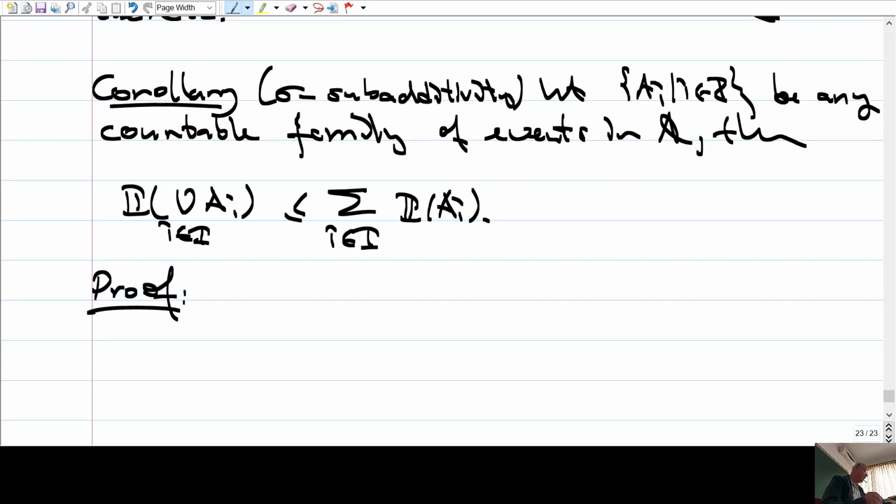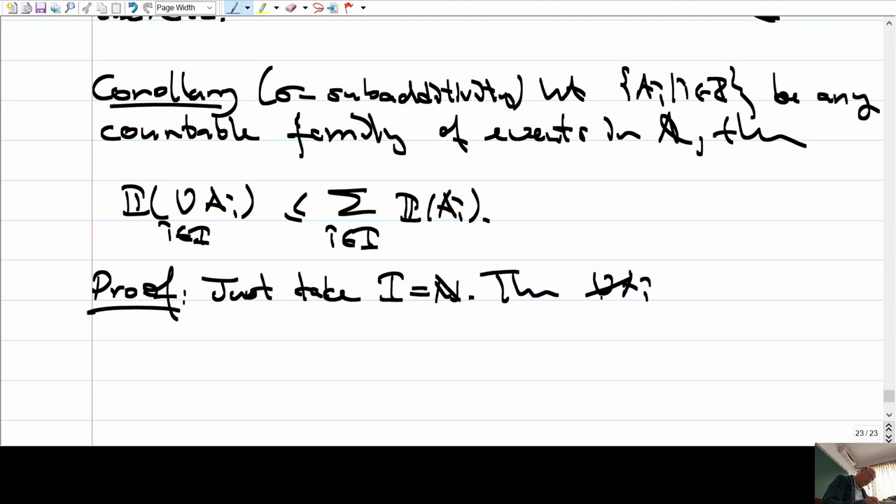What about the proof? Well, since we take countable families, we may just take the index set to be the set of integers, okay? Then this union is just the union of ANs, let's say.